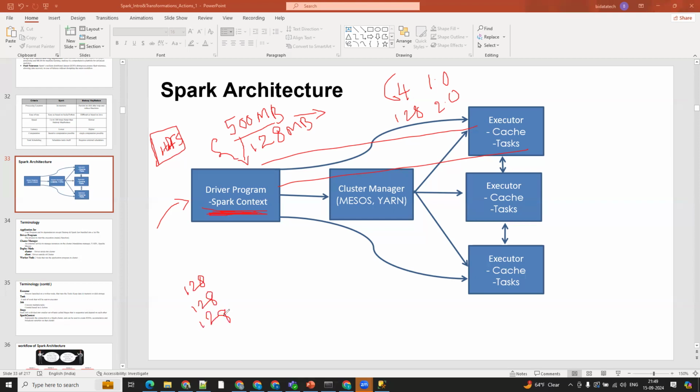How much do you get in total here? 8 plus 8 plus 8, 24, sorry, 384. 384 minus 500 is 72. Total, it is going to create 4 partitions.